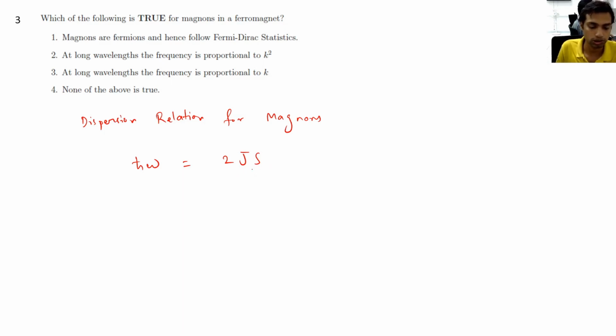J positive means it is a ferromagnet. So 1 minus cos ka. This is the dispersion relation we will end up with.